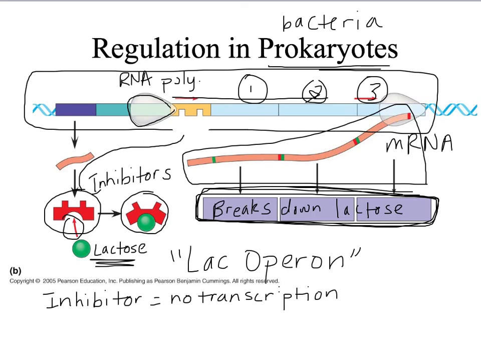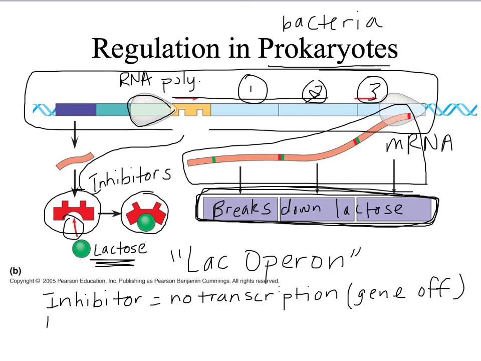So as I said, this is the first example of a regulatory process that they found for bacteria. And again, it's turning this gene on and off. So the inhibitor with no transcription means the gene is off.